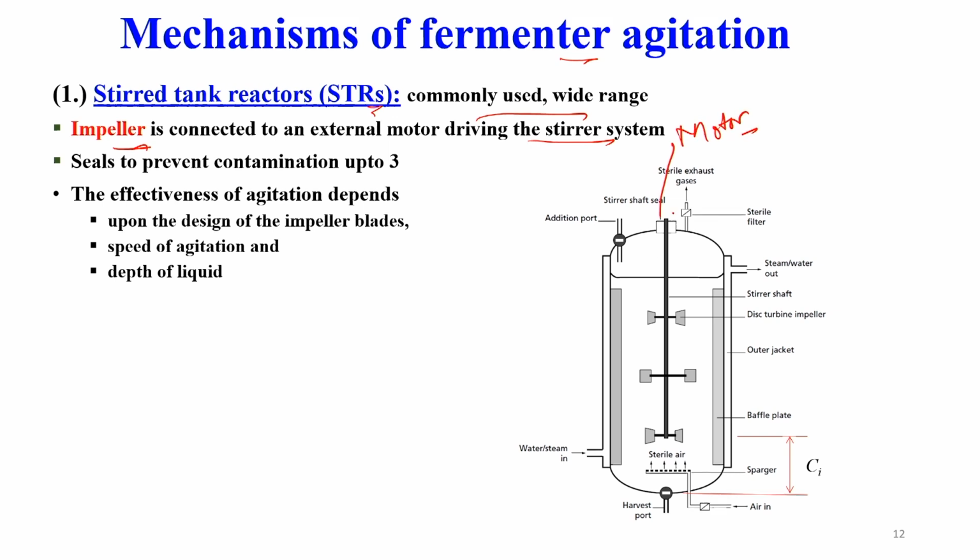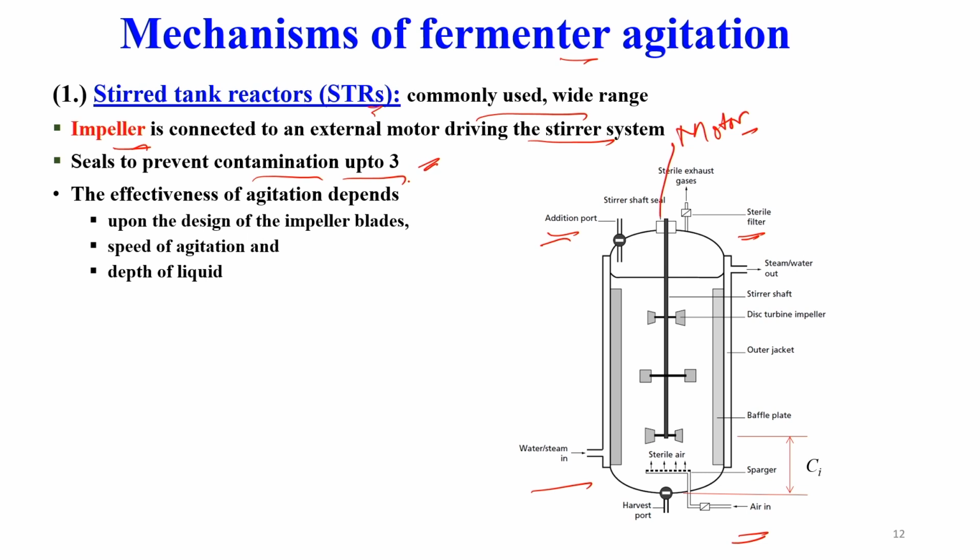Once you have multiple openings, it is important to seal them, but certain openings will be required for the inlet of air, the sampling port, the exit of air, and in addition, sometimes if you need to operate in a fed-batch mode, there should be an inlet for the media.